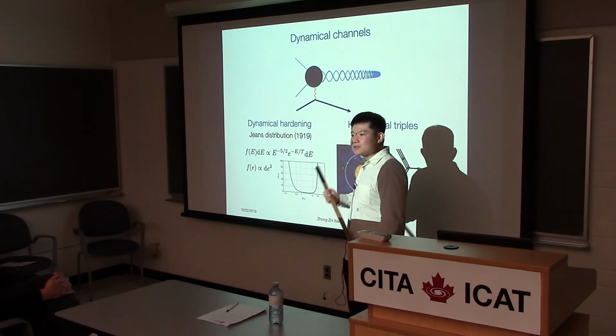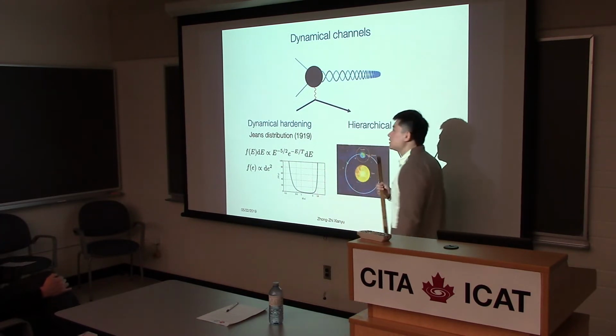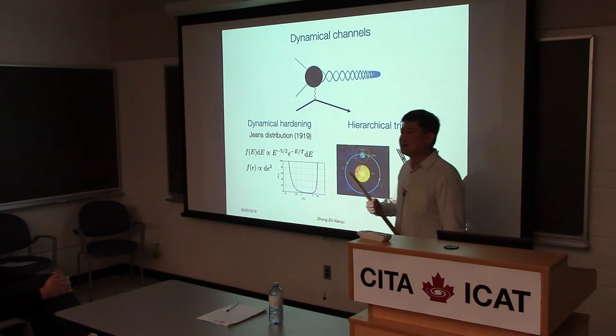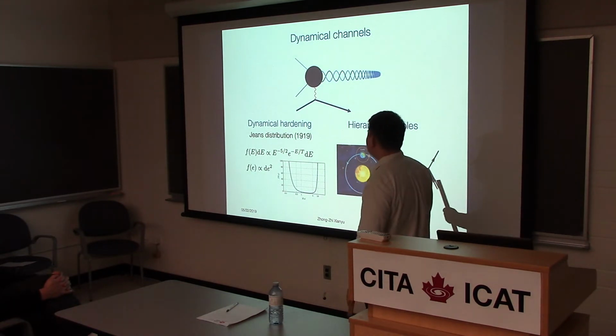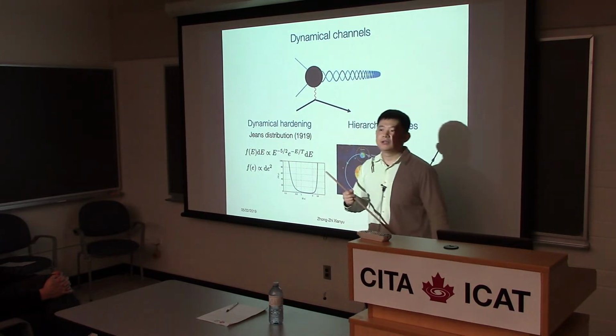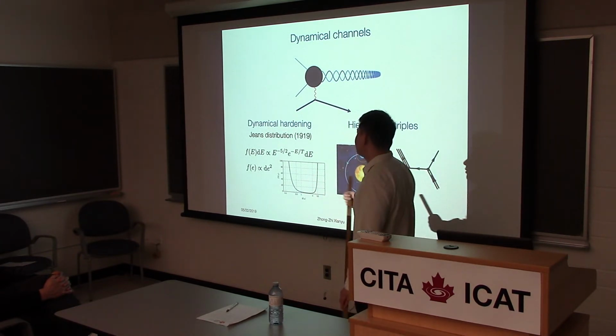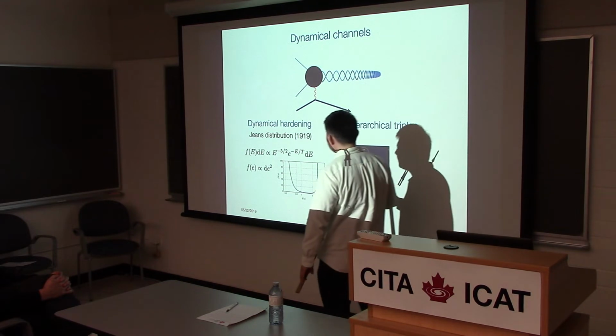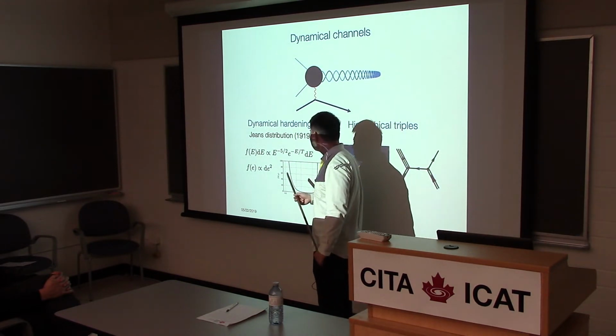So what does this mean? This basically means that in a very dense, frequent interaction environment, a very hard binary will become even harder, and a soft binary will become even softer. So much for the energy.